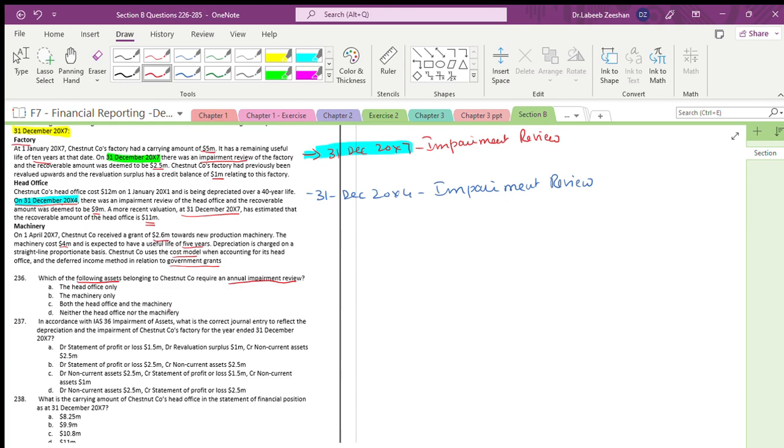Fine, see the things. They are asking which of the following assets required an annual review. Is it right? This has no annual review. No annual review done.